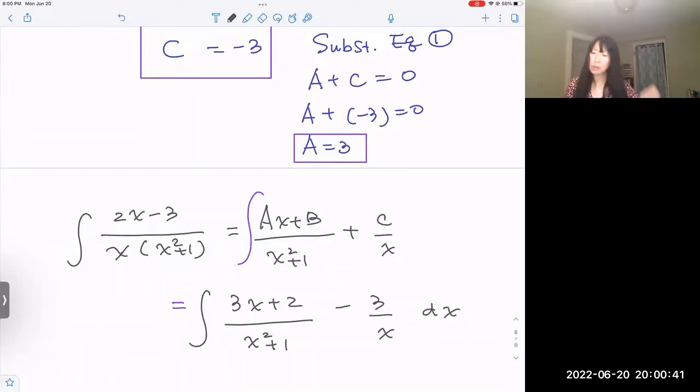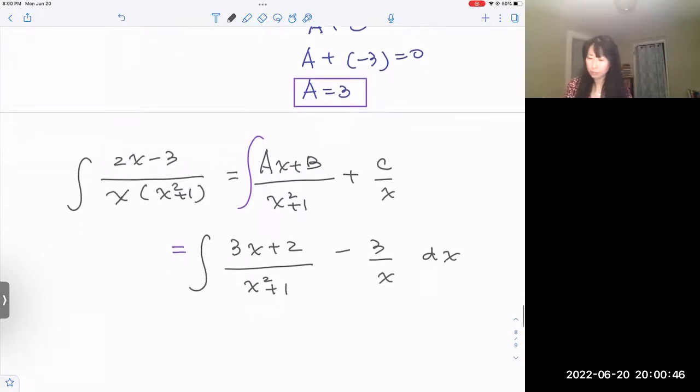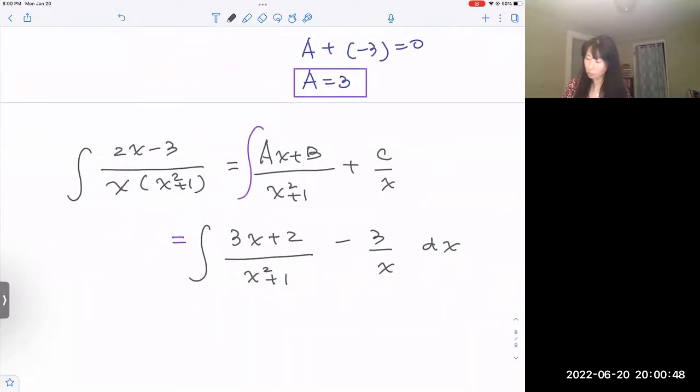All right, look. If we're using a substitution, or if you're thinking about arctangent, this is not working, right?